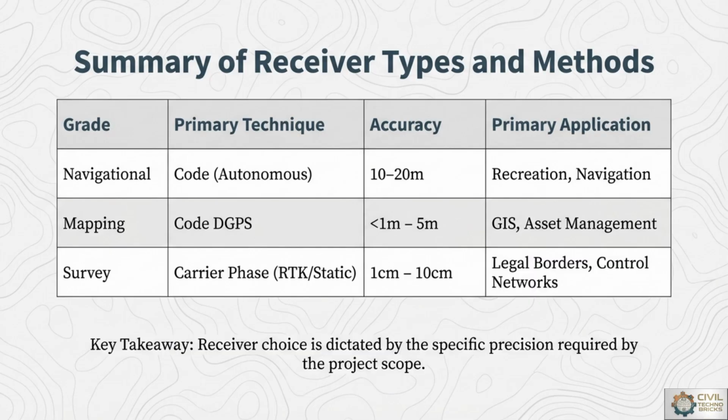These are selected on the basis of project requirements and the precision needed. Accurate GPS technology is essential nowadays for modern civil engineering construction activities. It supports surveying, mapping, GIS, and infrastructure development. So the receiver choice is dictated by the specific precision required for the project's future scope.